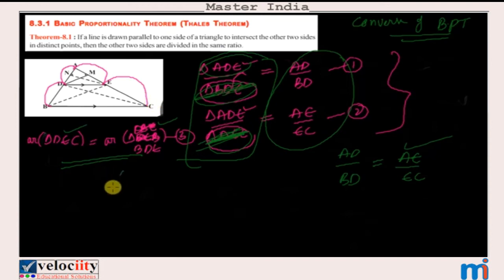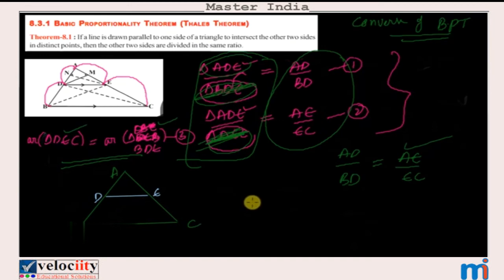Let us prove the converse of BPT here. Let us say I have a triangle ABC. I have a line DE, and this line is cutting the two sides AB and AC in the same ratio.